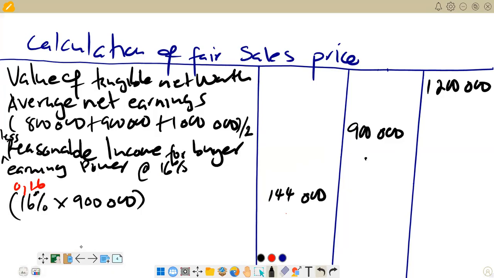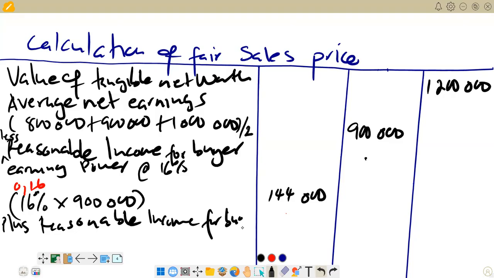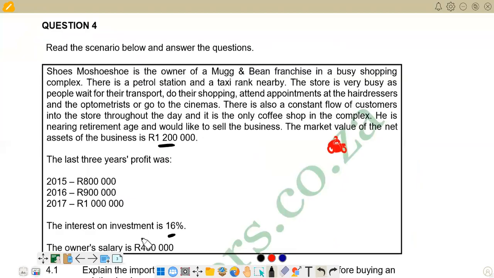Right. And then the other income that we have is the reasonable salary for the owner. So it's a plus. We add to this one plus the reasonable income for the owner.